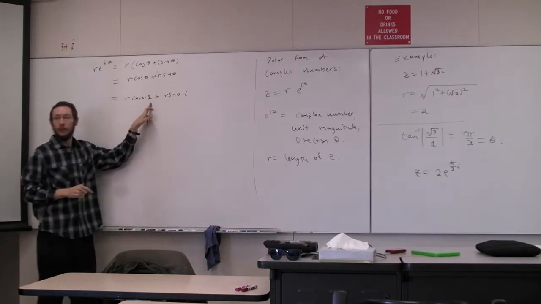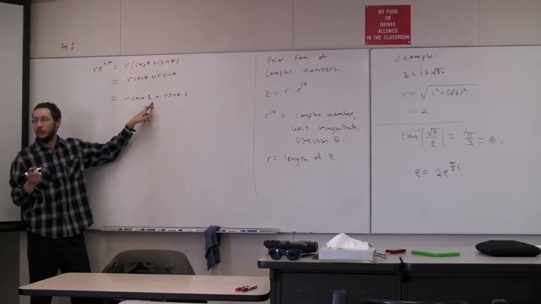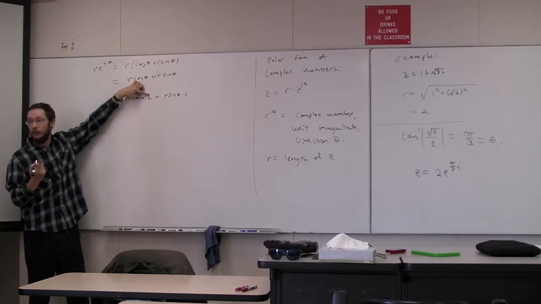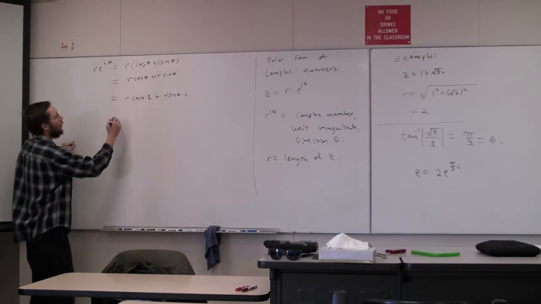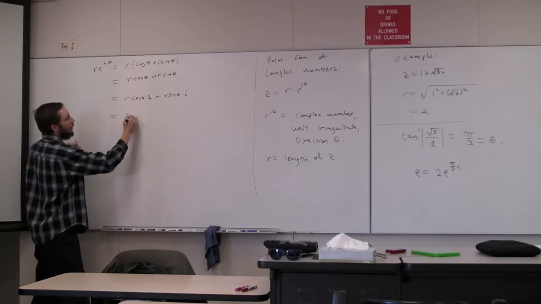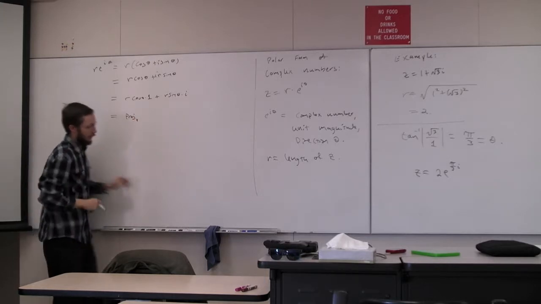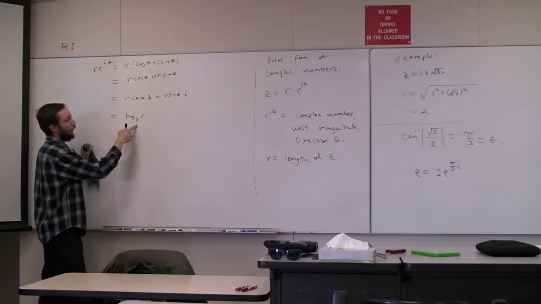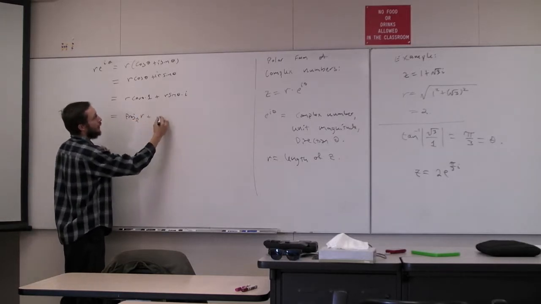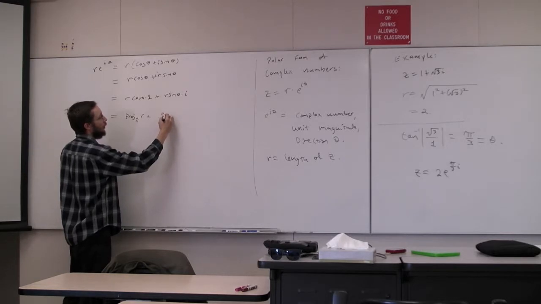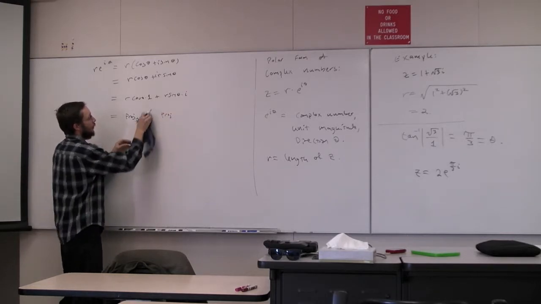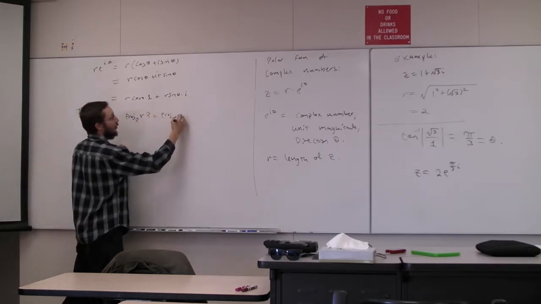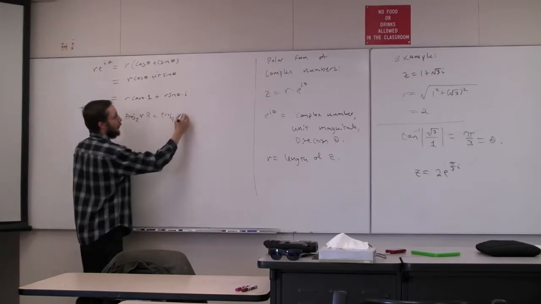In the complex world, those are exactly the unit vectors we talked about: 1 is the unit vector in the real direction, and i is a unit vector in the imaginary direction. And so what is this equal to? This is the projection of v in the x direction, plus the projection of v in the y direction.